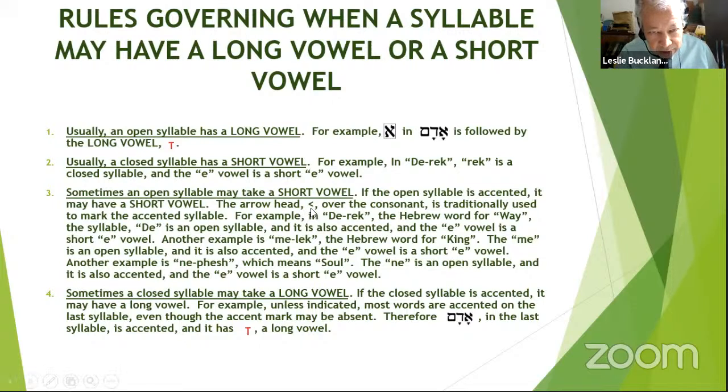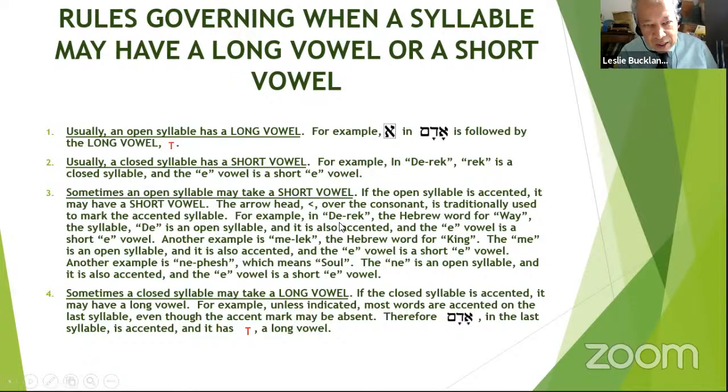The arrowhead, as you can see here, over the consonant is traditionally used to mark the accented syllable when the accent is placed on the syllable immediately next to the last syllable.